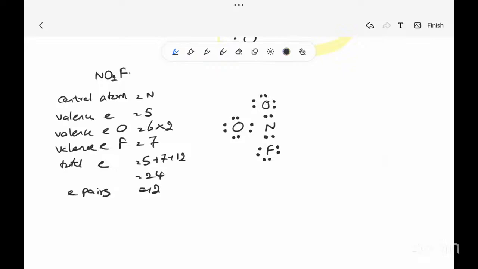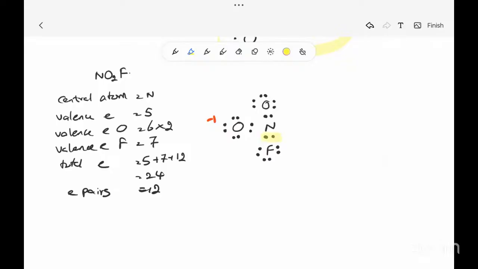Then the formal charges, right? When it comes to the formal charges, here it is -1, -1. Fluorine is not -1. We have placed 7 electrons for fluorine, so there is no -1. If you count the electrons allocated for fluorine, that is 7, one of the shared pair belonging to nitrogen.